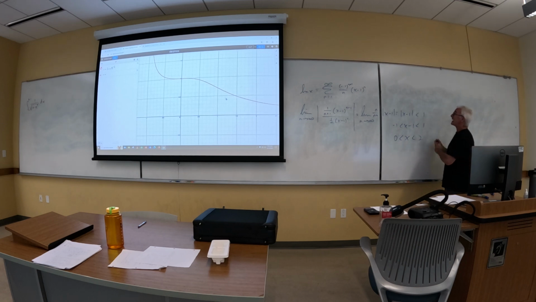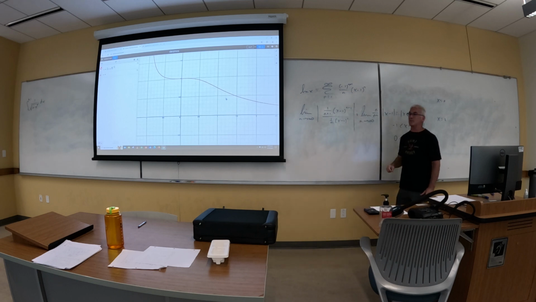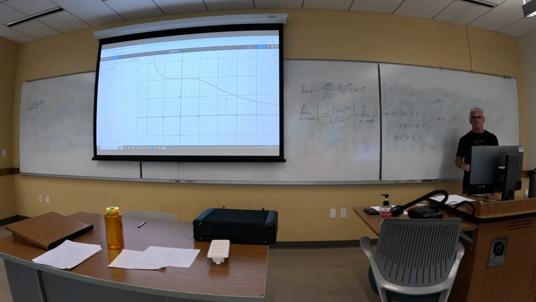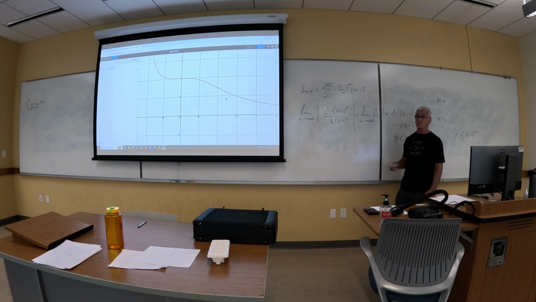All right, so at x equals 0 and at x equals 2. So at x equals 0, I'm going to have negative 1 to the n, and I'm going to multiply that by negative 1 to the n plus 1. This is a little tricky, isn't it? And what would this be? If I put a 0 in here, again, I get negative 1 to the nth power.